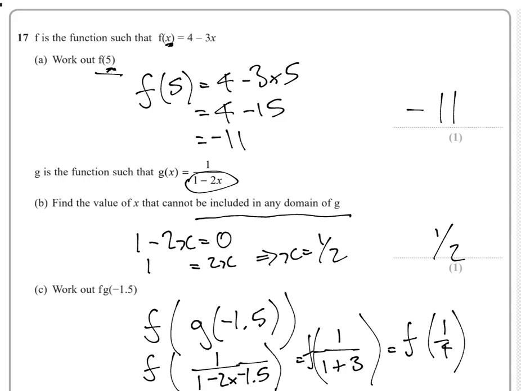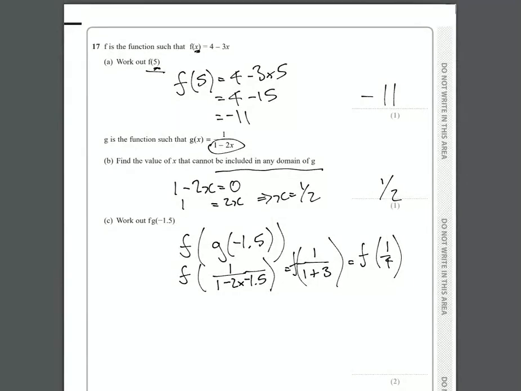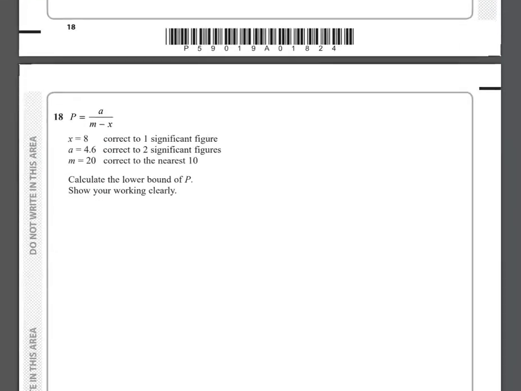Put a quarter in to f, so that means f of a quarter is 4 minus 3 times a quarter. So 4 minus 3 times a quarter is 3.25. There we go. Okay.